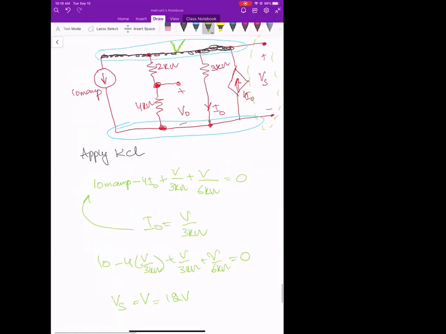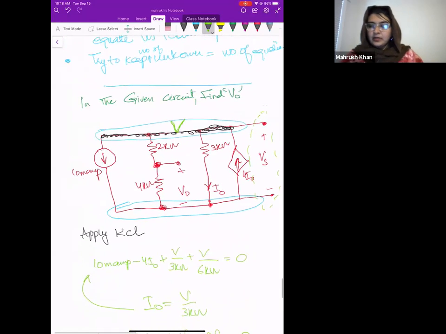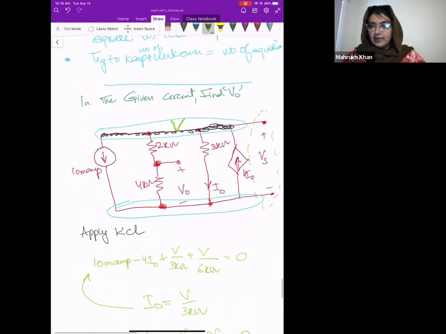So if we apply KVL, let's say, you know I naught, right? You think that this 10 milliamps is dividing here, here, and here. And you know the current of only one branch, that is this one. You don't know the current of this branch, right?